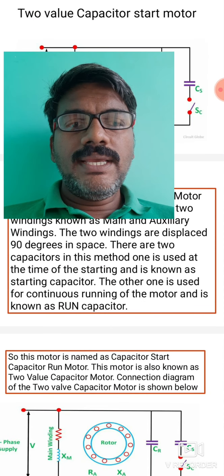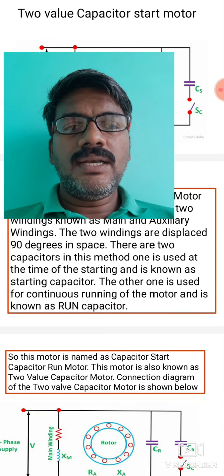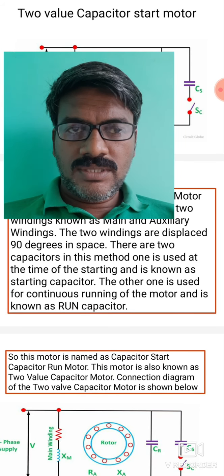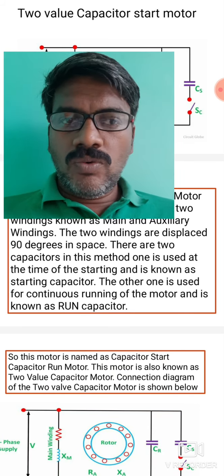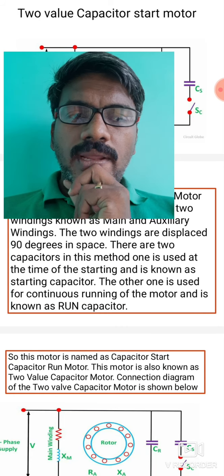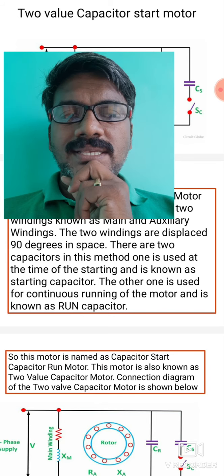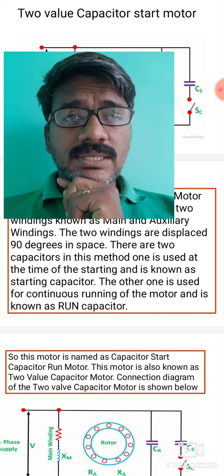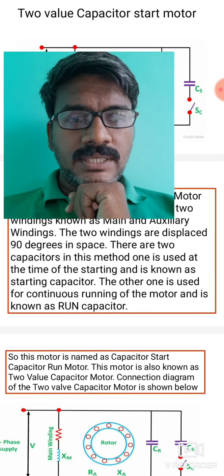So this motor is named capacitor start and capacitor run motor. Because in both cases we are using a capacitor, and this motor is also known as a two value capacitor motor. Why? Because the two capacitors have two different values of capacitance.